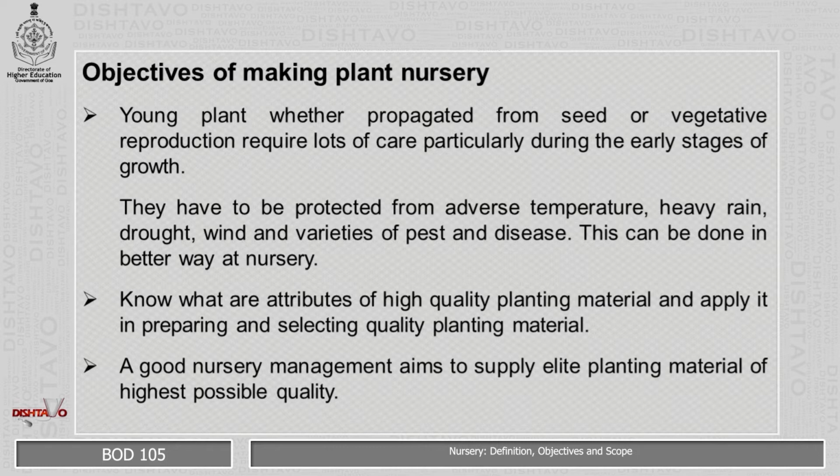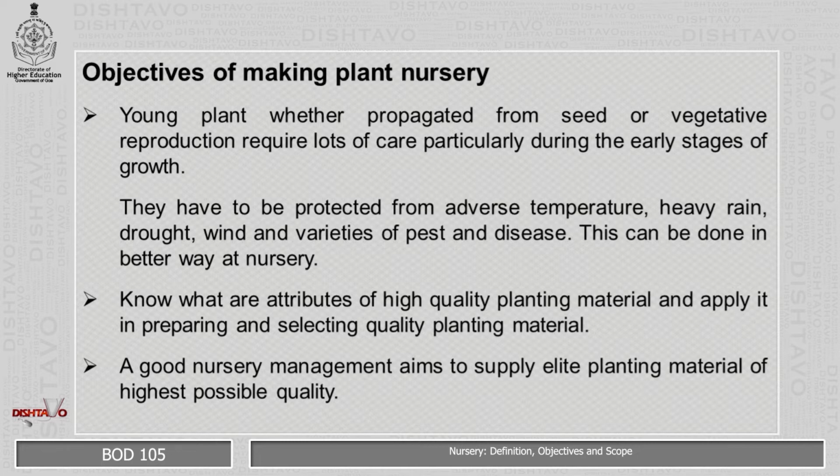There may be higher incidence of pests and diseases when these plants are in the young stage, when they are more vulnerable, especially germinating seeds. The care needed can be provided better in a smaller place selected as a nursery rather than in open fields which may extend to acres or hectares.